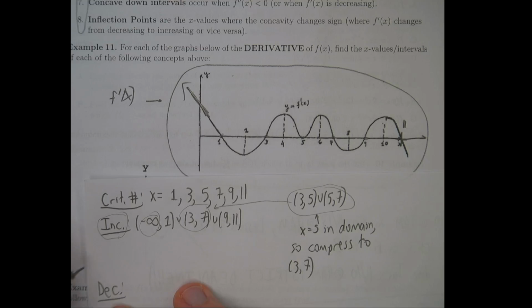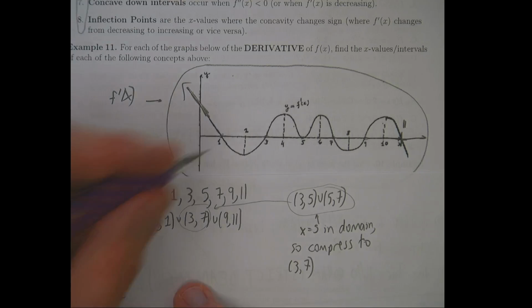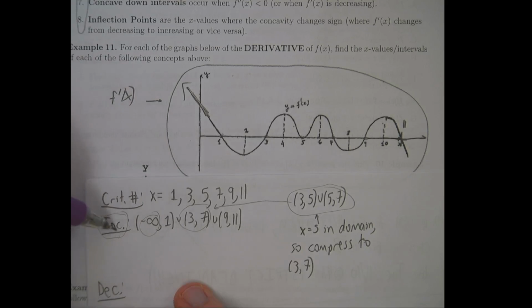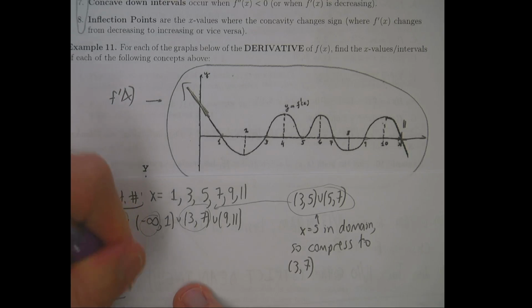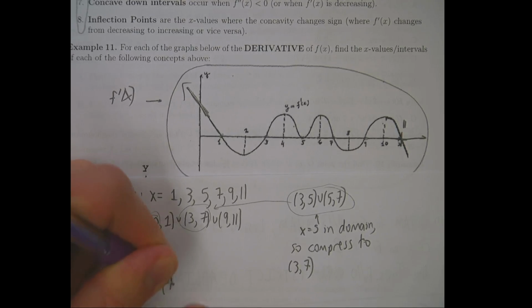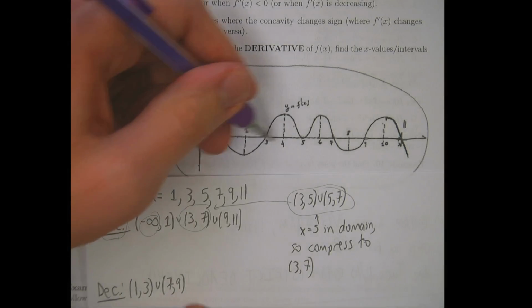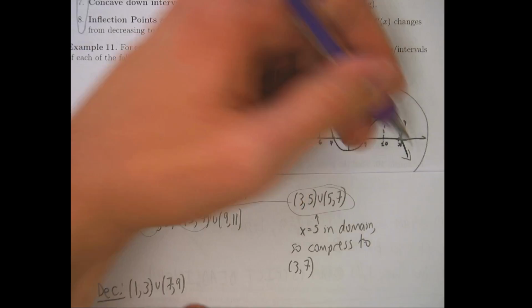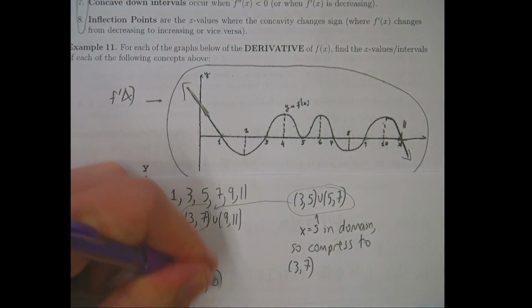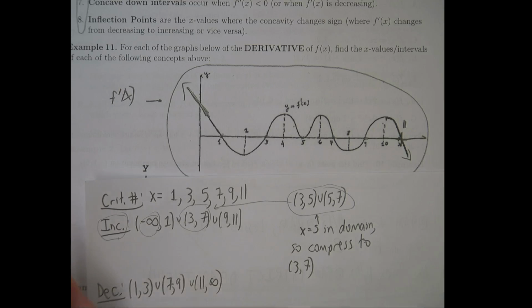With that reasoning in mind, what should the decreasing intervals of our function be? 1 to 3, then 7 to 9, and then 11 to infinity. Yep. The good news is that takes care of our increasing and decreasing intervals.